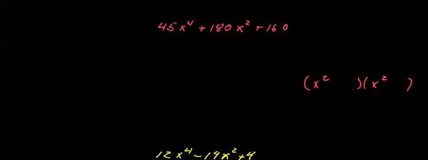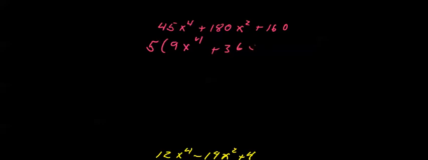And when we do the double smiley, we'll have x squared. So the work is exactly the same. No difference at all. First thing, greatest common factor: 5 times 9x to the fourth plus 36x squared plus 32.